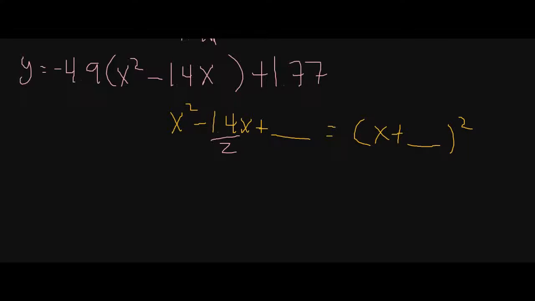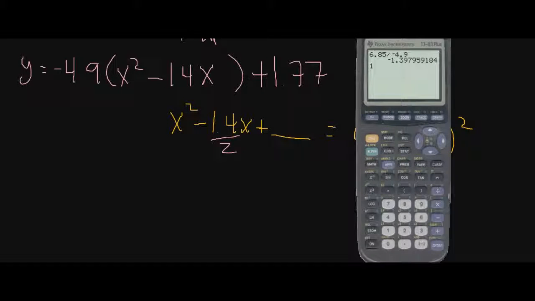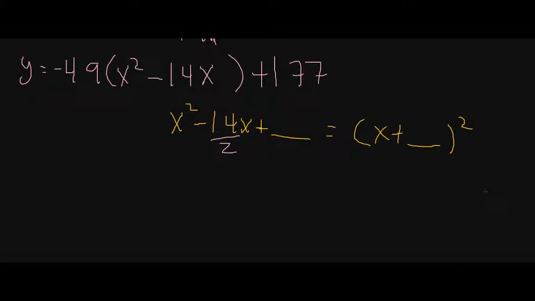So let's just go and do it: negative 1.4 divided by 2. And that's negative 0.7, right? And now we just multiply it by itself, negative 0.7 times negative 0.7.